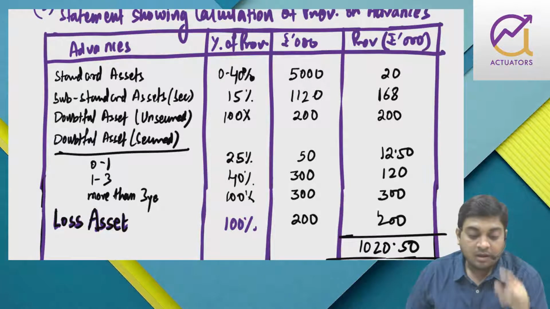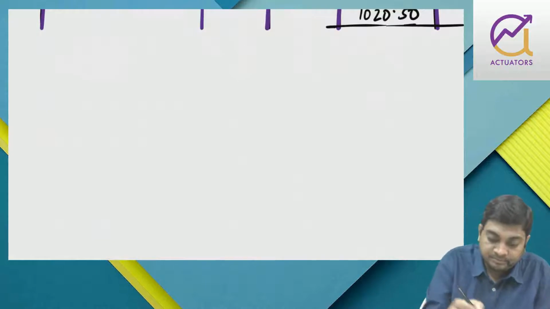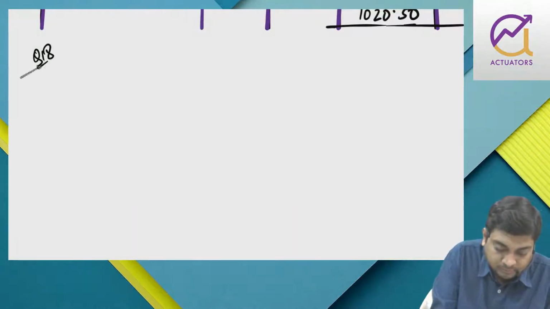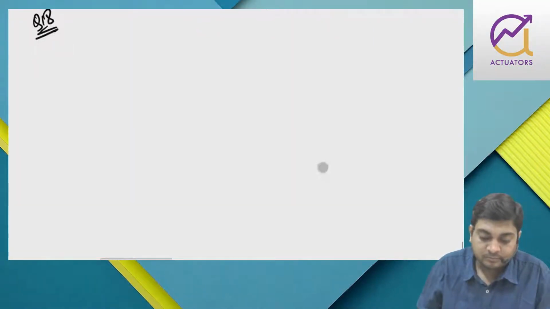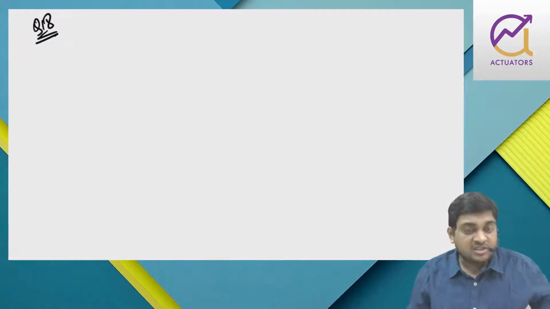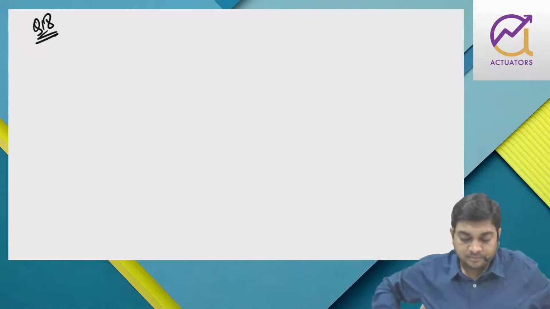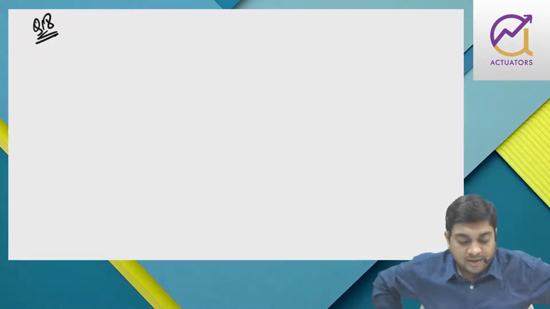Now, let us start with problem number 18. Very important. Just give the reading. Interest and discount, other income, interest accrued.